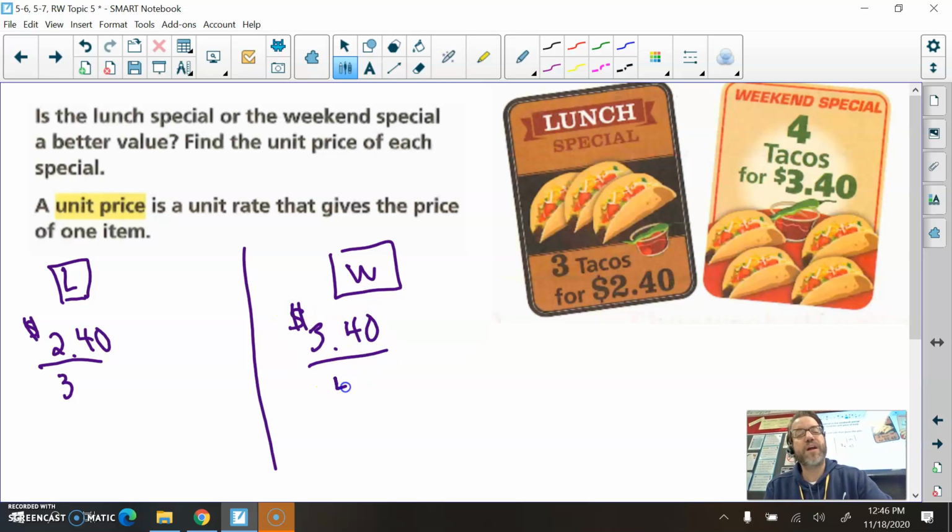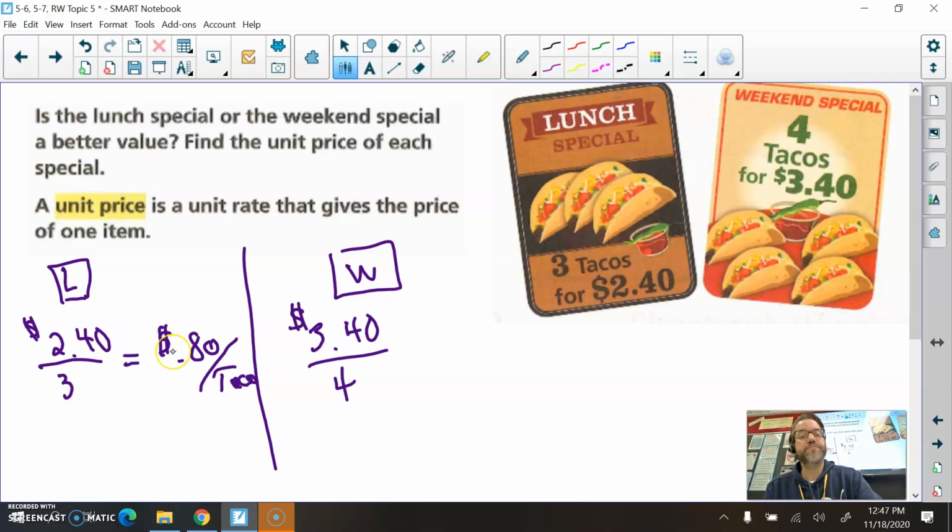But that gets you 4 tacos. Okay. So which one is the better price? Which is the better buy? Again, you can just divide the price by the number of tacos to find the cost per taco. And when you divide these, you get exactly 80 cents per taco.